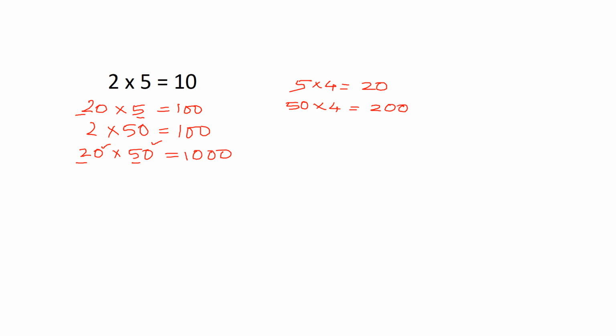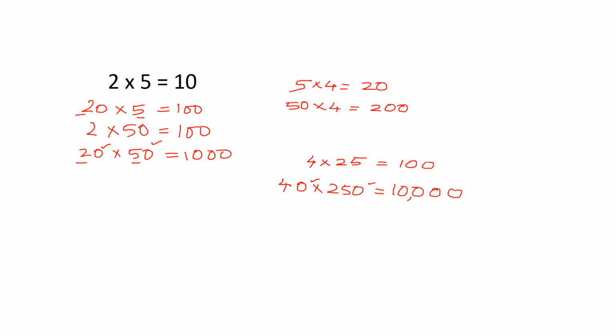Now there are certain things that you should know. 4 into 25 is 100, children. If 4 into 25 is 100, then what will be 40 into 250? 40 into 250 will be 4 into 25 is 100, and then how many zeros more? 2 zeros. So you'll put 2 more zeros. Understood? So you get the answer as 10,000.